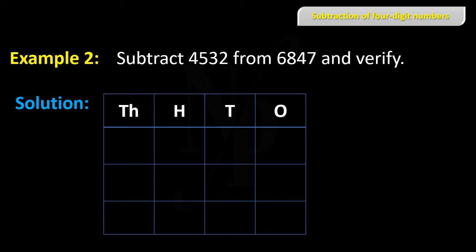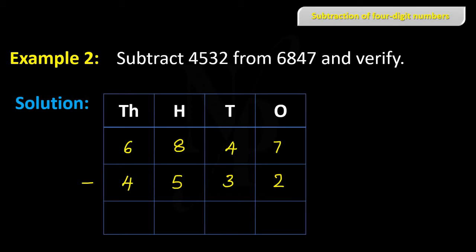We will write down the given numbers according to their place values. Here we will write down 6847, and below that we will write down minus 4532.